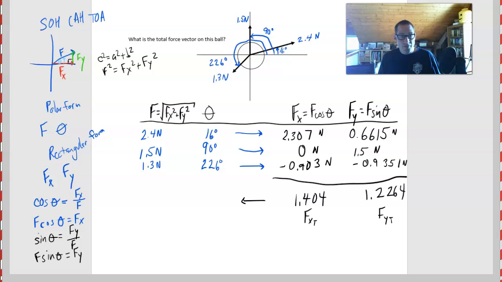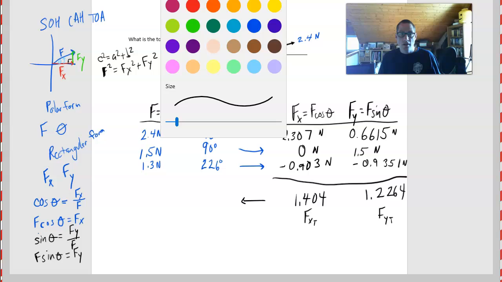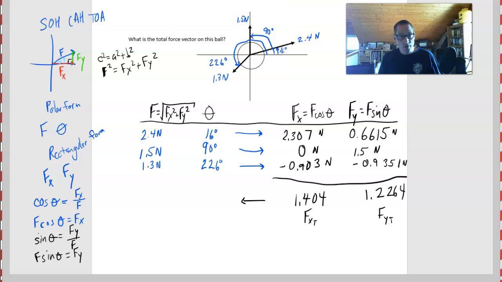And now theta, this is an F by the way. Theta, what does that equal with respect to these two? Well, this is opposite over adjacent, so we'll be using the tan, and I'll use a different color pen just so I don't get confused. So the tan of theta is equal to the opposite over adjacent, which is f of y over f of x.